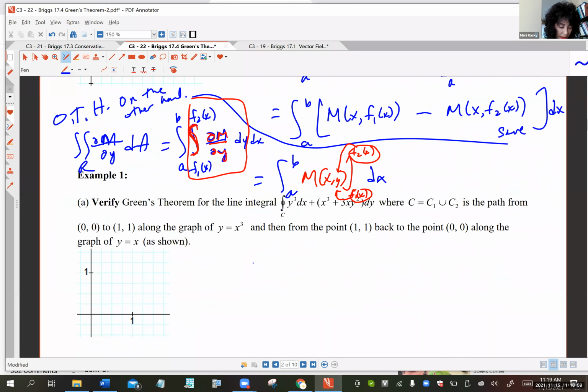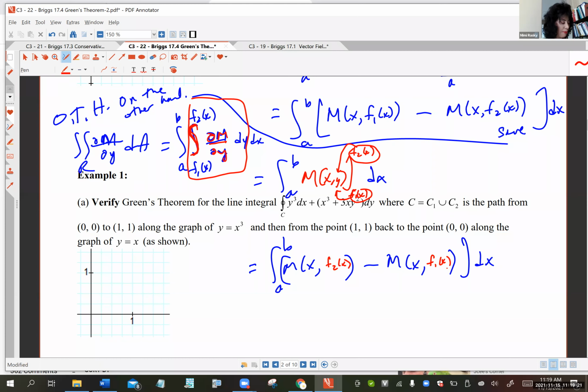So I'm going to still have the outermost, and then what do I have here? I'm going to have M(x, something) minus M(x, something), and then I'll have dx. So I'm going to substitute those limits. I've got f2 of x, and then I've got f1 of x.